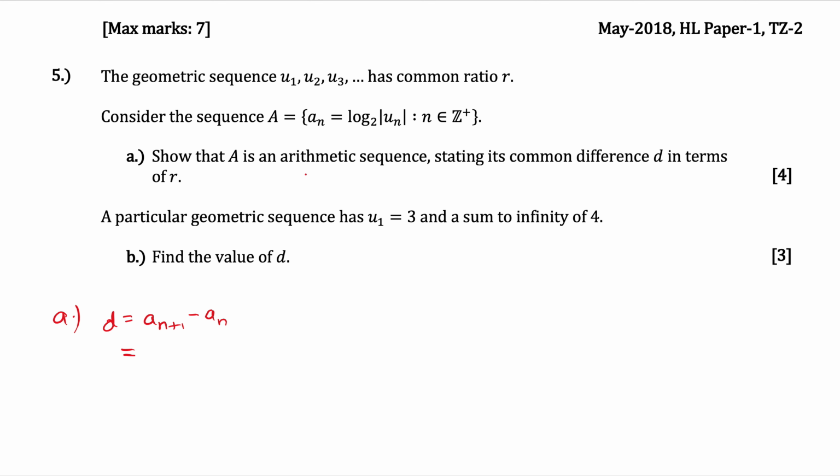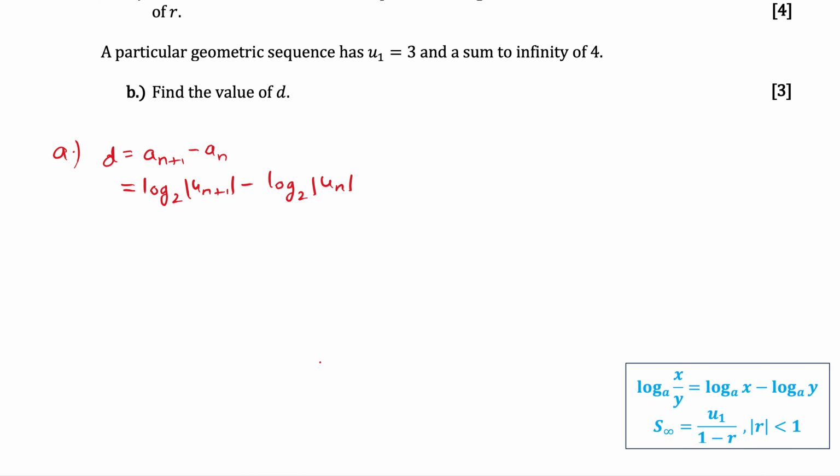So now we can substitute the sequence. a_(n+1) will be log base 2 of u_(n+1) minus a_n, which is just log base 2 of u_n. Now using this law of logarithms, I can write this as log base 2 of u_(n+1) upon u_n.